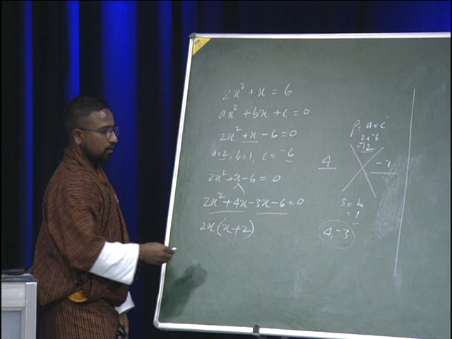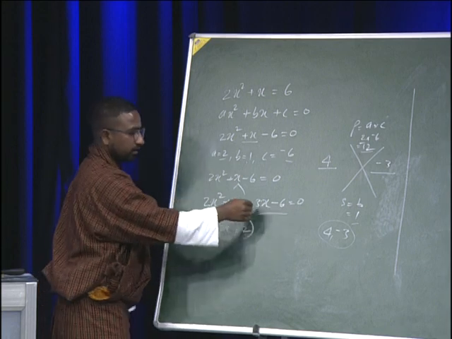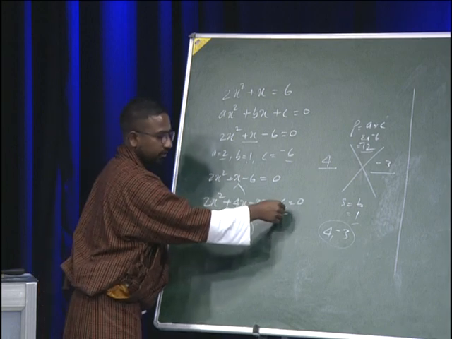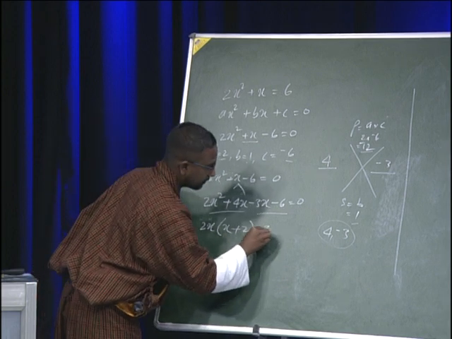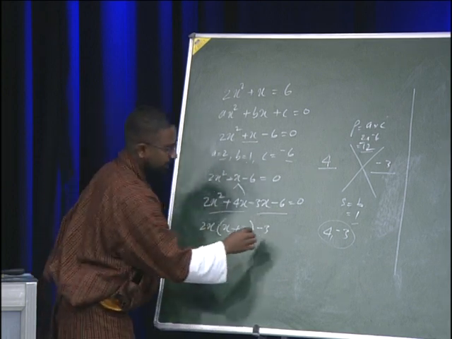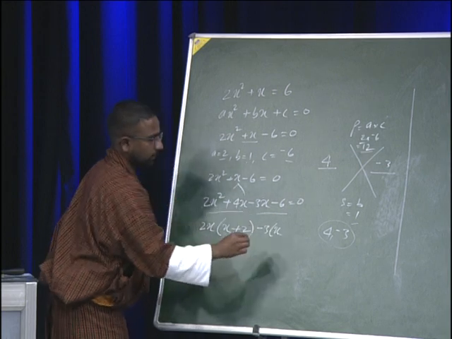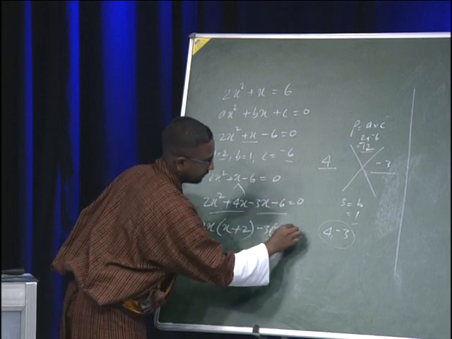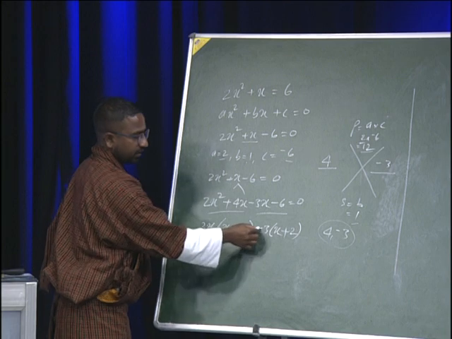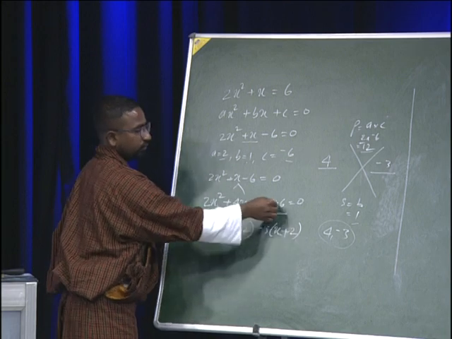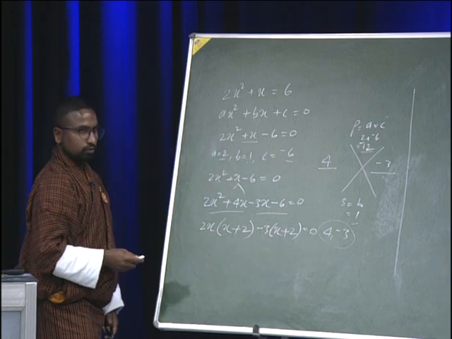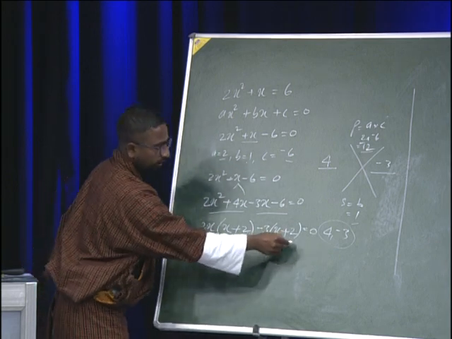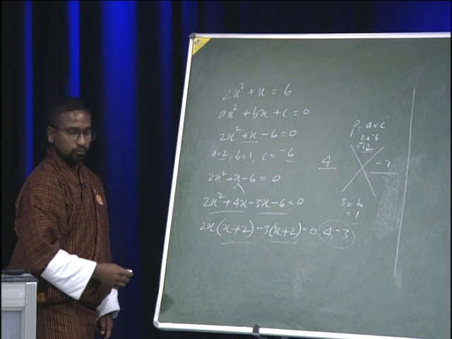Similarly, from the next pair negative 3x minus 6, when you take out the common factor, that is negative 3, what is left is x plus 2, because negative 3 times positive 2 will be negative 6. Now you can factor out the common factor, that is x plus 2.